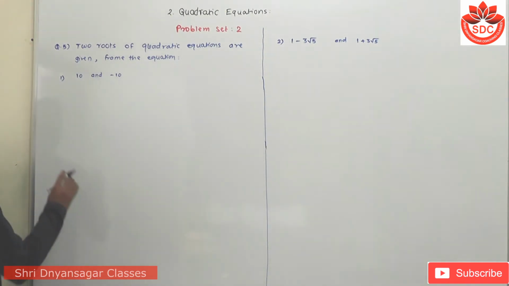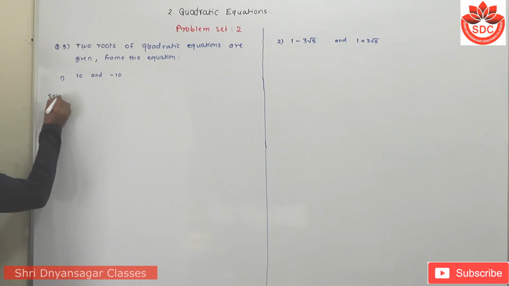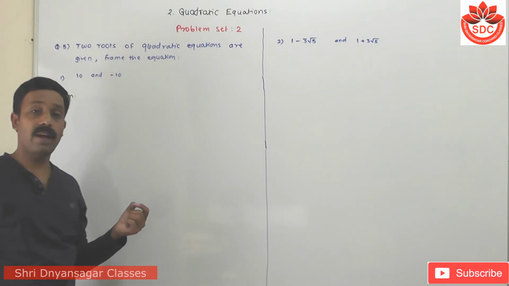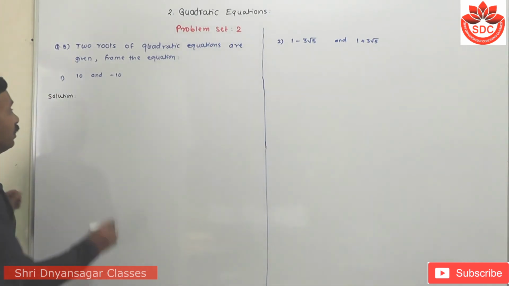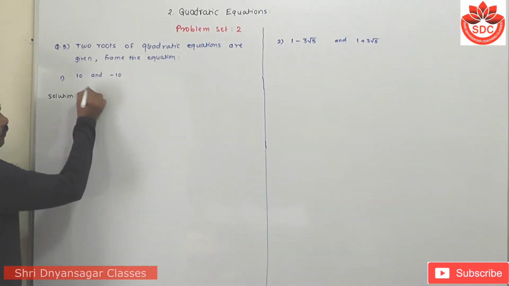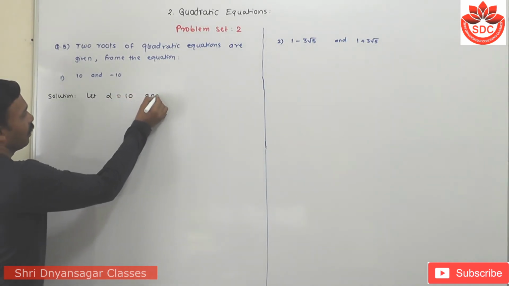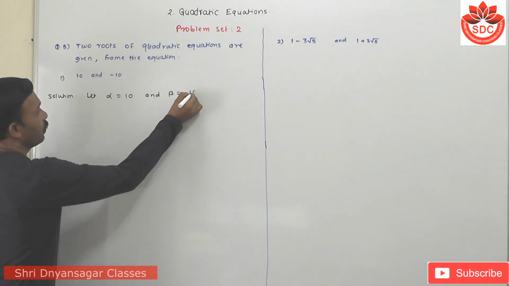Okay. Now first I have to take its solution. Two roots are given. We know that alpha and beta are the roots of the given quadratic equation. So let the first root alpha be equal to 10 and beta be equal to -10.